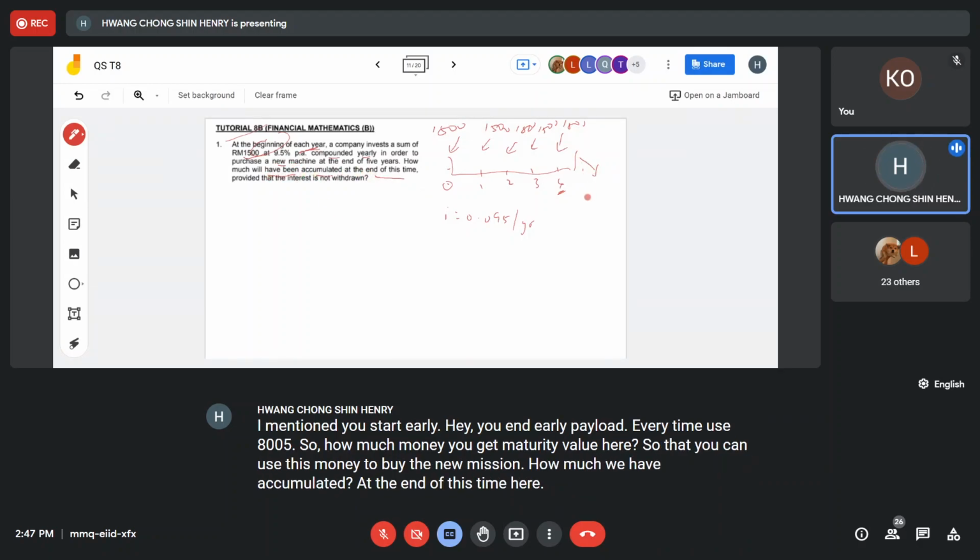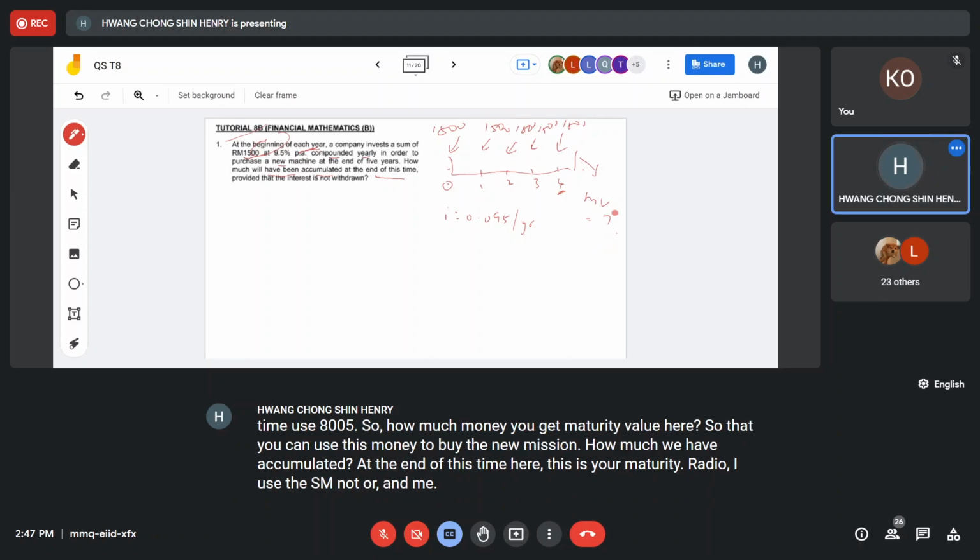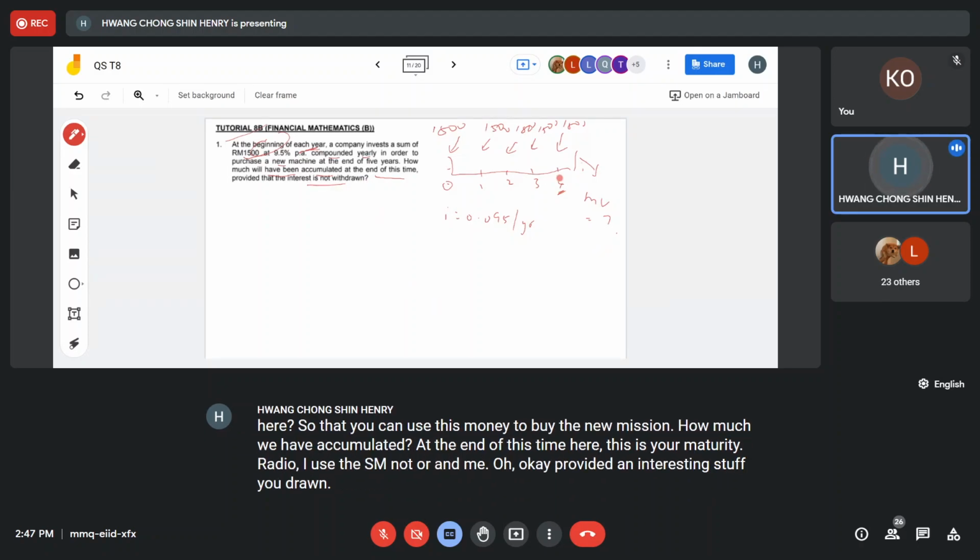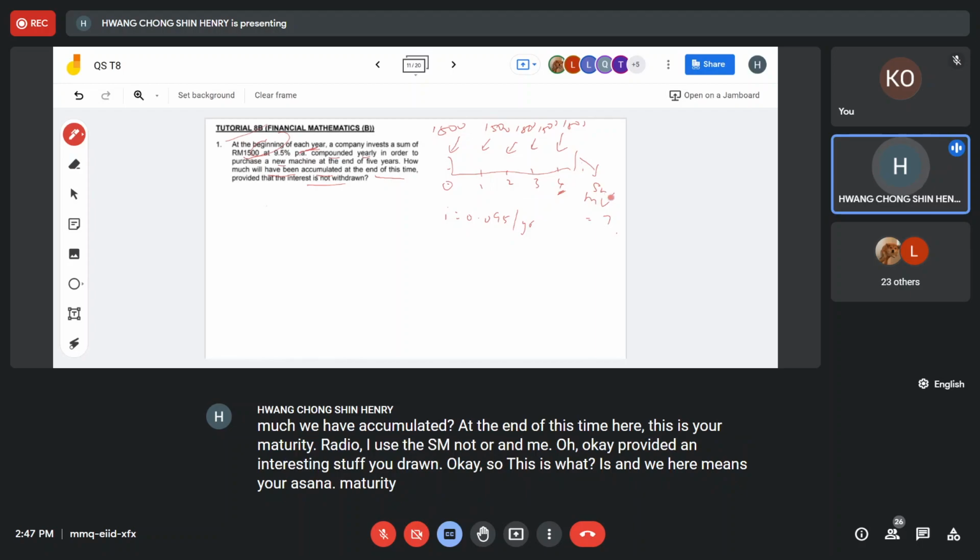This is your maturity value. I use the S_n or MV. Okay, provided the interest is not withdrawn. So this is what annuity due is. MV here means your S_n. Maturity value or S_n is the same.